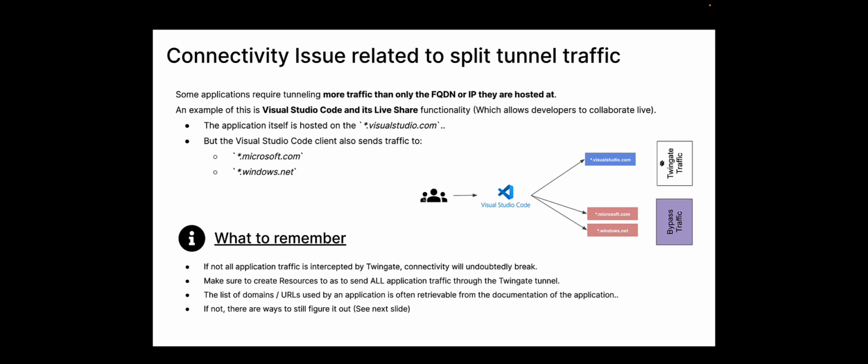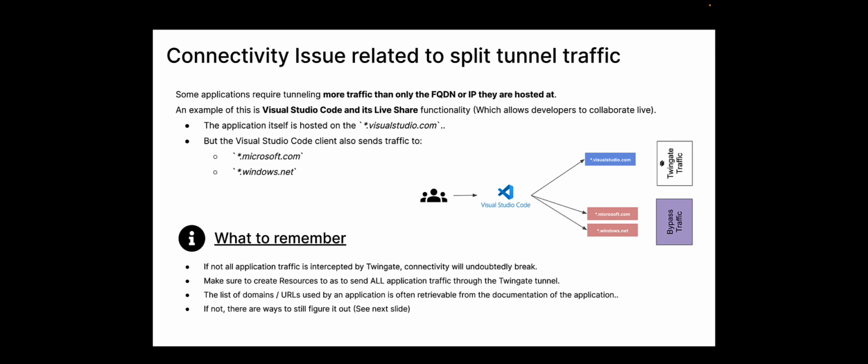Sometimes a user will use a thick client, for instance, and this is particularly true of Microsoft stuff, it seems. But a user will be on Twingate, connected to the Twingate client, and try to connect to a backend through a fully qualified domain name. And you would normally assume that all of the relevant and necessary traffic gets captured by Twingate.